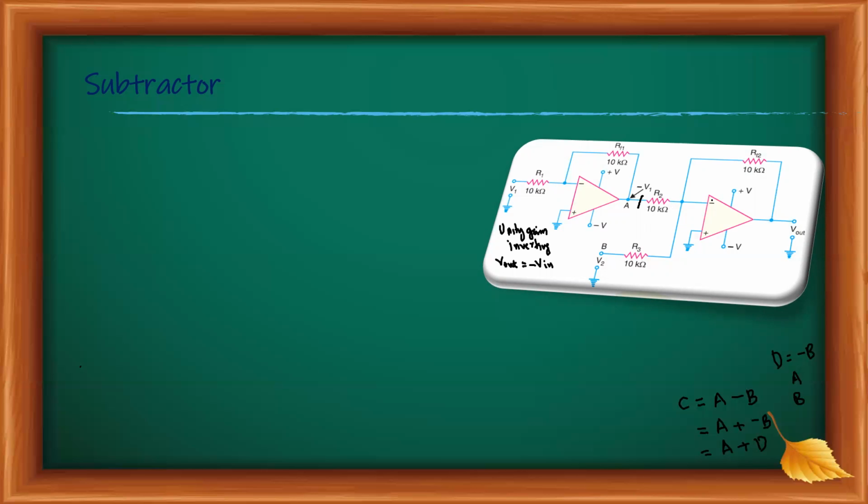So the gain of the summing amplifier must be equal to 1, and the output must be the negative of the voltage at R2 plus the voltage at R3, isn't it?